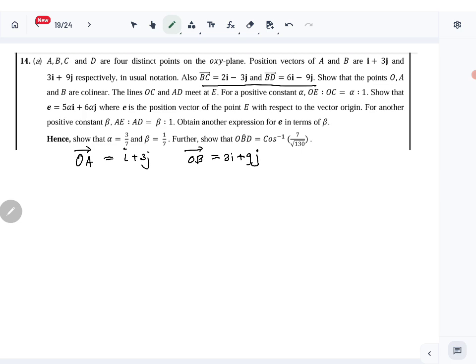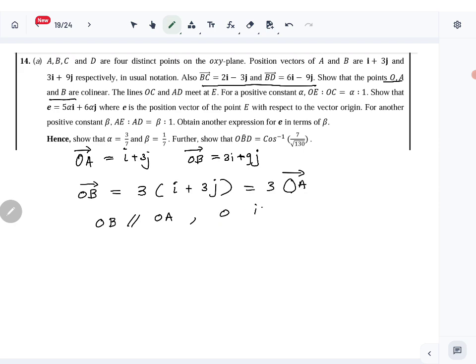First we have to show O, A, B are collinear. So we'll start with the OB vector. Take the common term out. So you get 3 times i plus 3j. And i plus 3j is what? OA vector. So OB is 3 times the OA vector. So that means OB is parallel to OA.